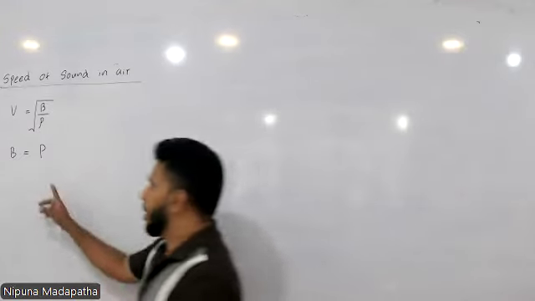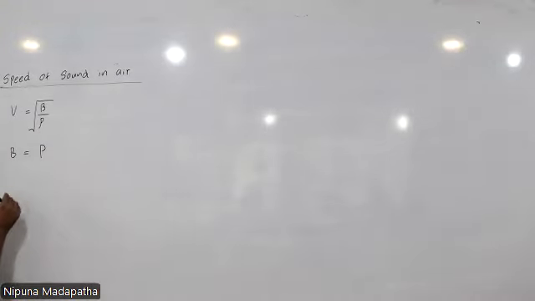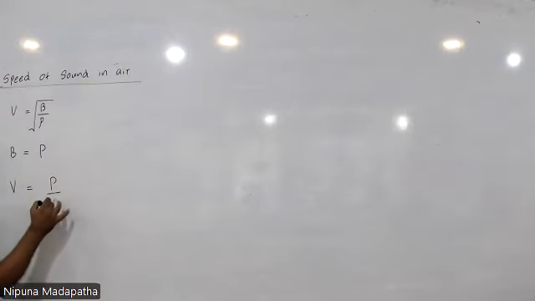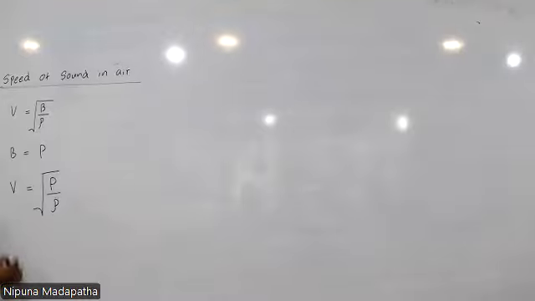Right? Then he introduced the expression V equals the square root of P over rho by assuming this process is isothermal. But later, Laplace, the scientist Simon Laplace, gave a correction to this.